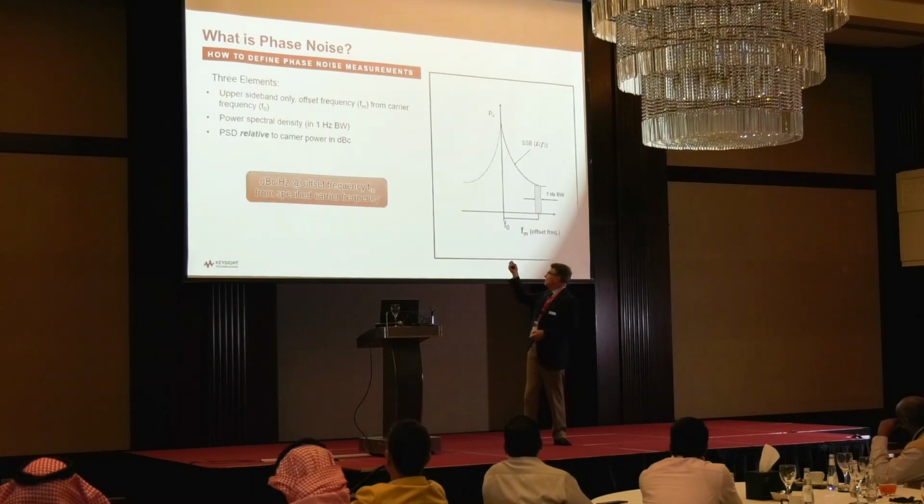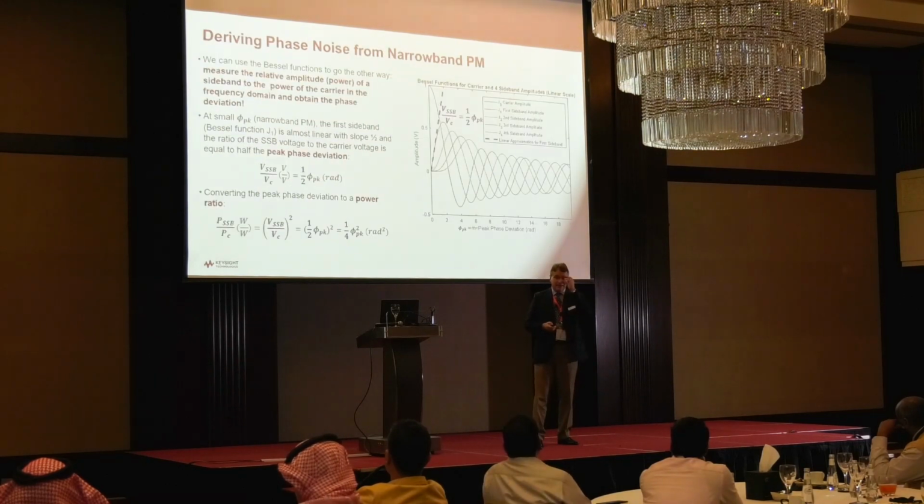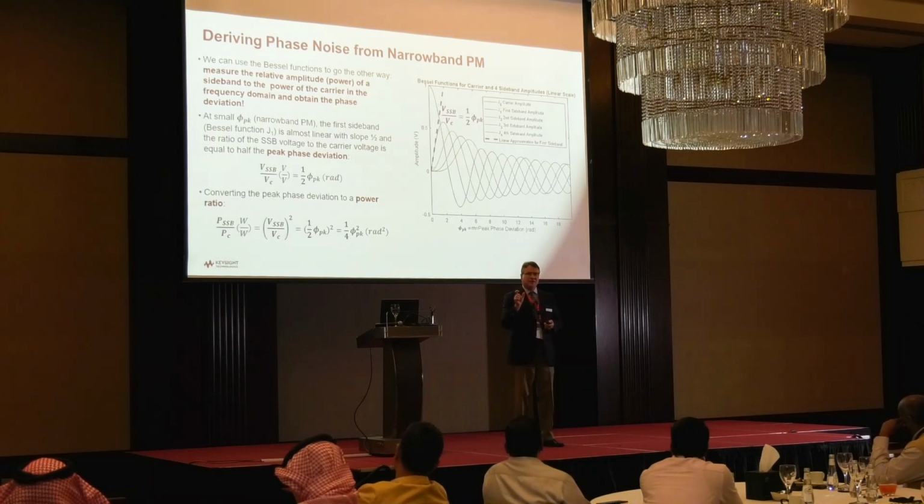So these here are just the amplitudes of basically an infinite number of sidebands that are rolling off at a certain rate. Okay. Now, something that is important and is a simplification of the math when we get into phase noise is that if we are looking at just small changes in the phase relative to the carrier of less than about 0.2 radians, you can see something very interesting happens.